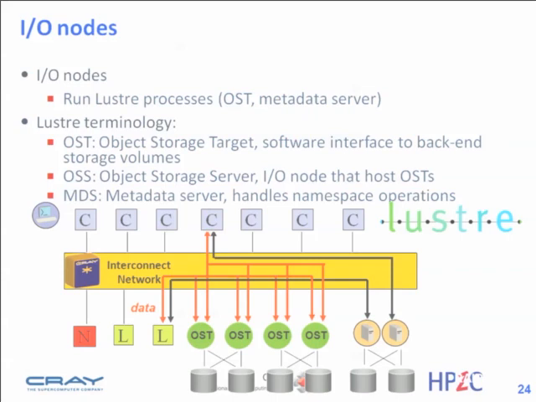So when your application running on a compute node issues a write operation, the data triggers a communication with the service node running the OST component of Lustre. The data is moved here, and then it's physically written to disk by this service component running on the service node.